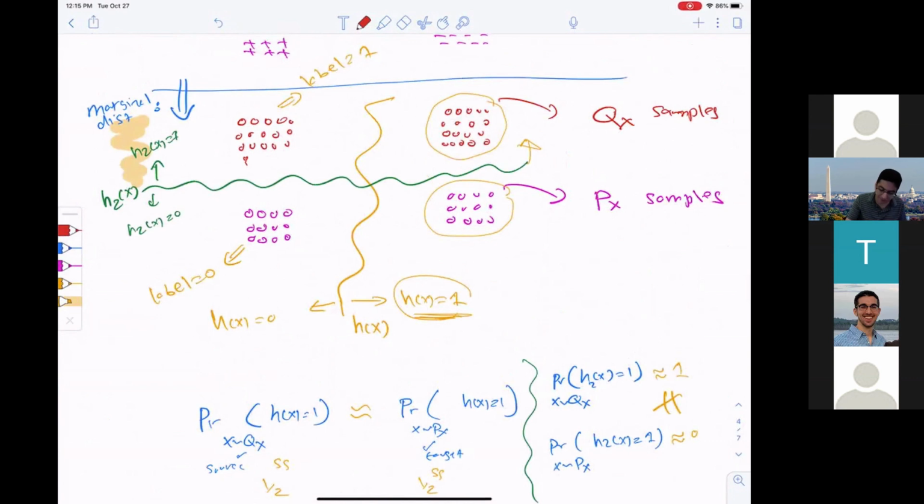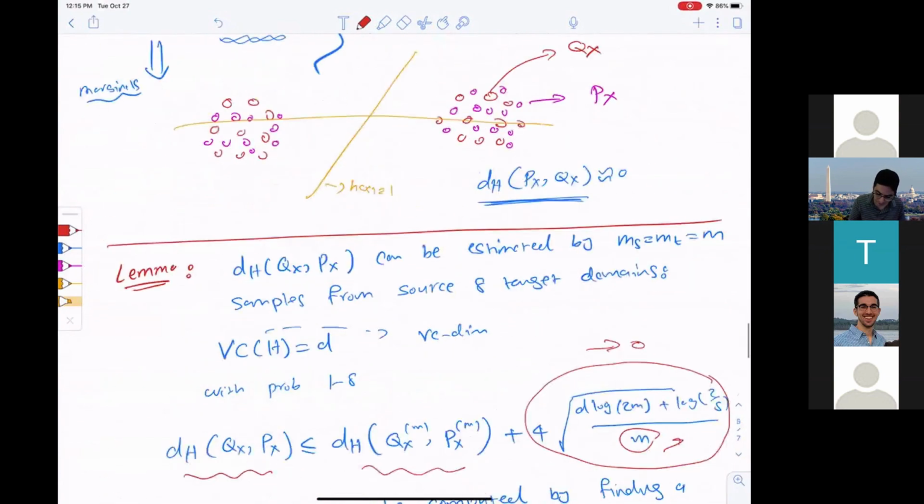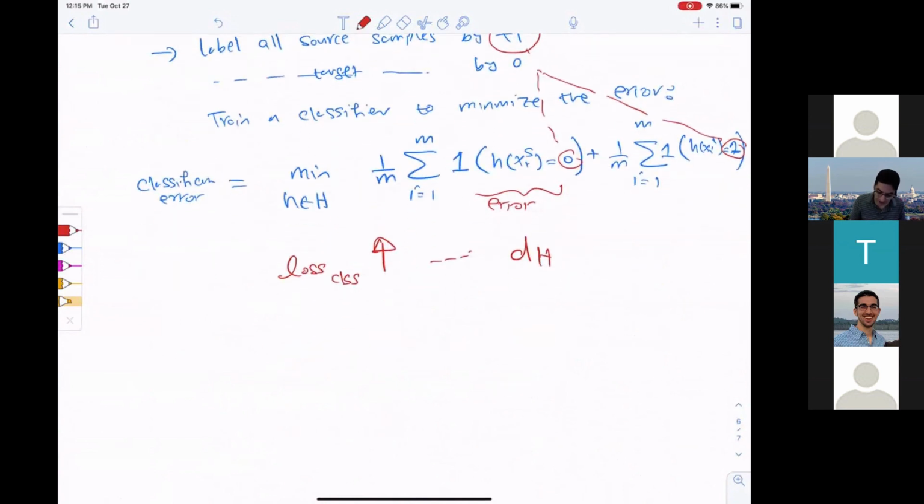Here I have a function that can classify with an accuracy of 100%, so my classification error is 0. Then it means my divergence is very large: they're so far from each other that I can classify without any error. So if my classification loss is small, my divergence is large, and vice versa. If the loss is small, I have a function that can separate both of them, so the divergence is going to be large.